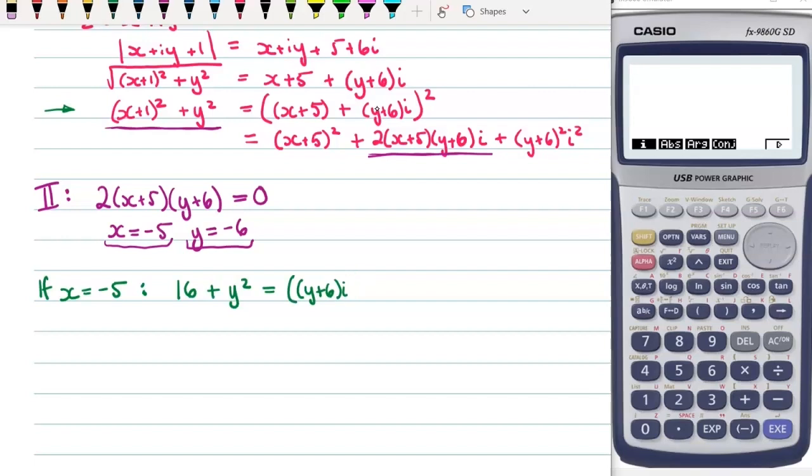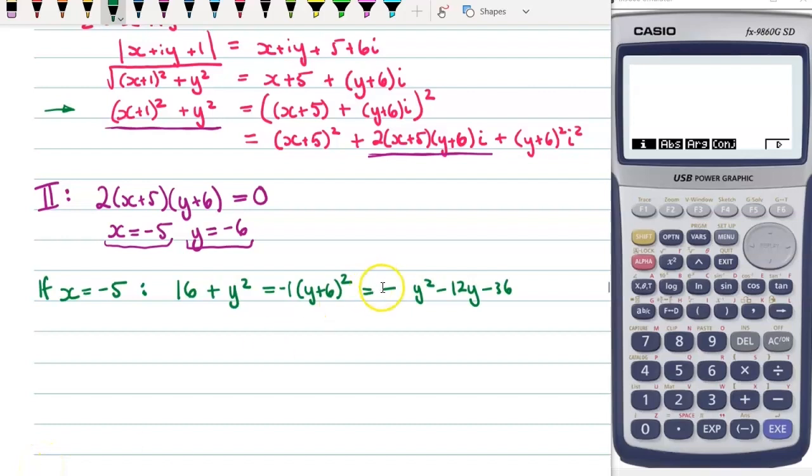Well, i squared is minus 1, so that is going to be minus 1 and then this squared. So that's minus of y squared plus 12y plus 36. So putting that minus through there.